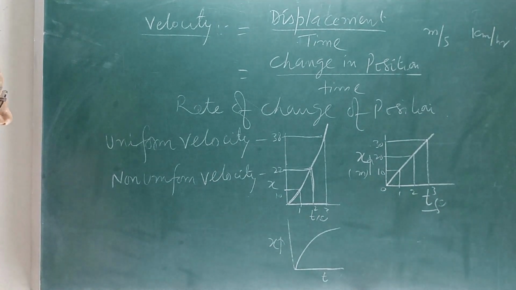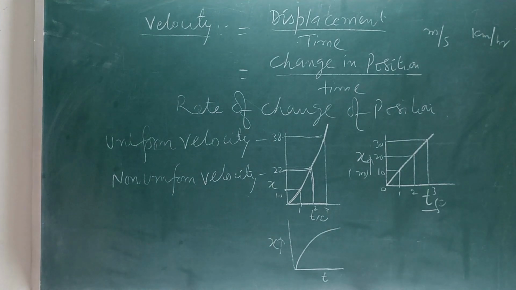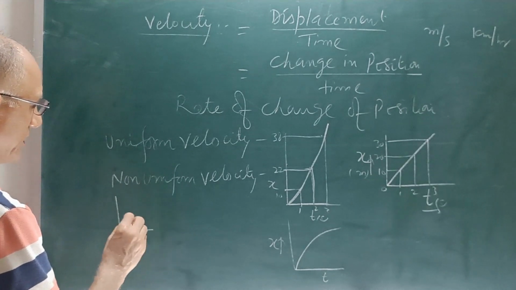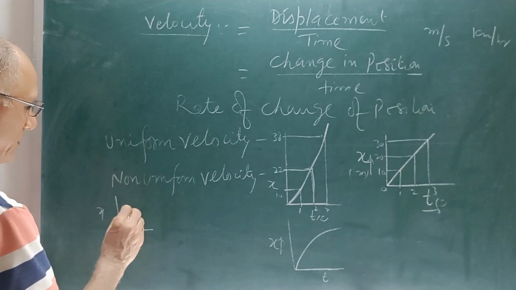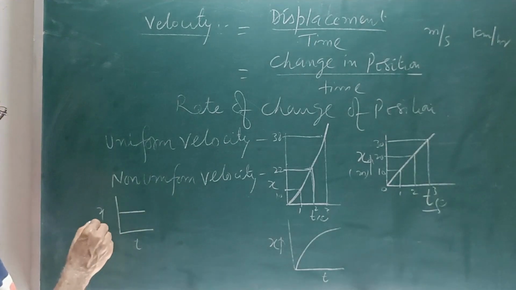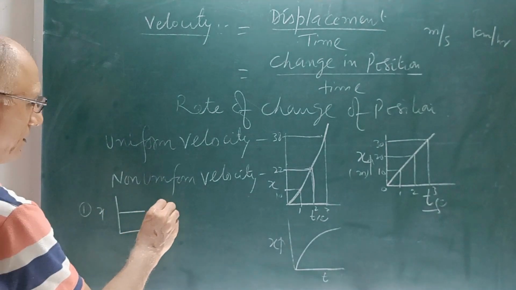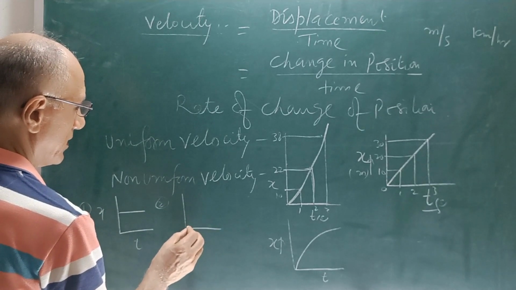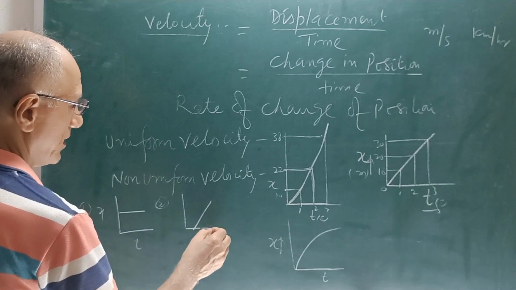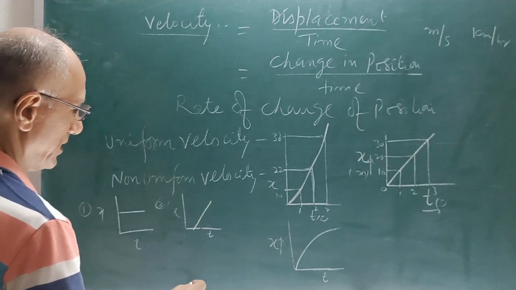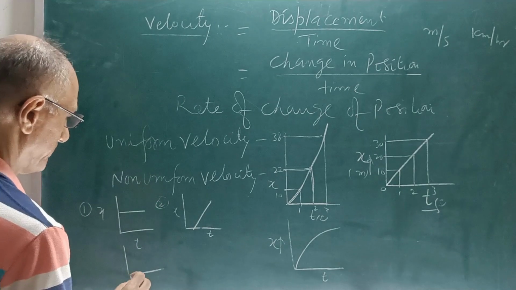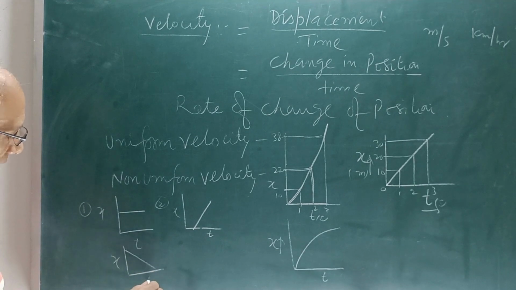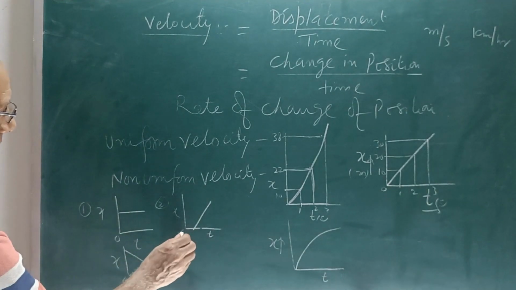So again, we can have a question in which graph the velocity is uniform. xt, this is correct. This is first question. This is the second question. Here it is. This is x. The third question is xt. This is 0.